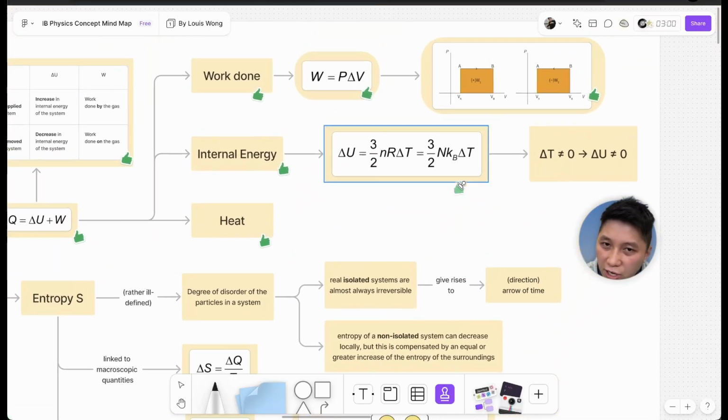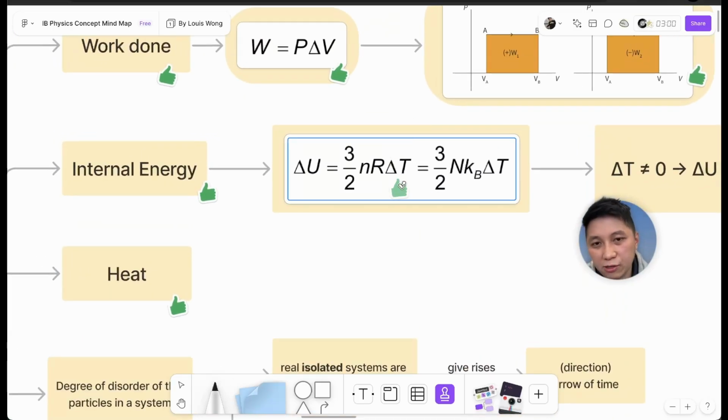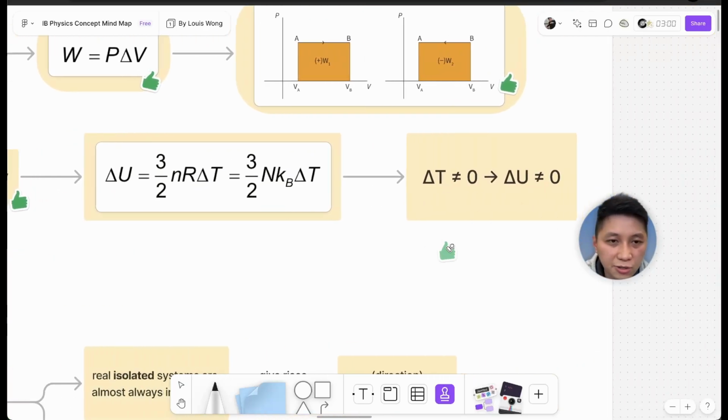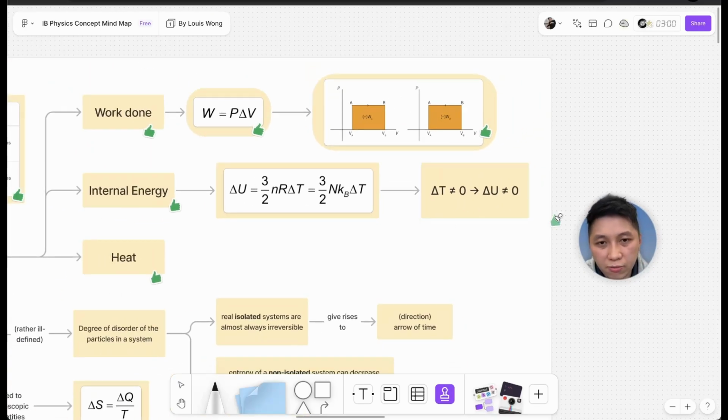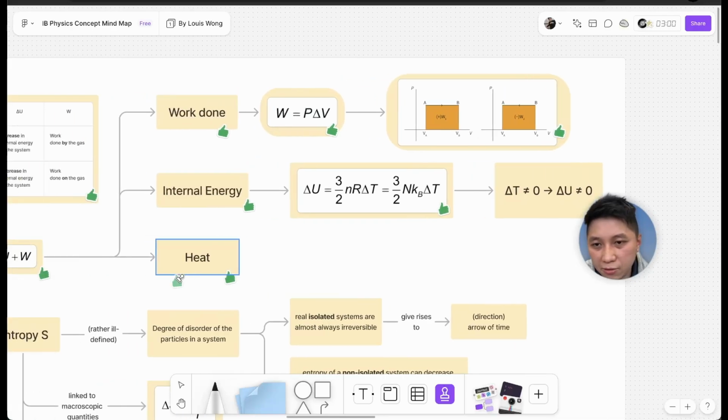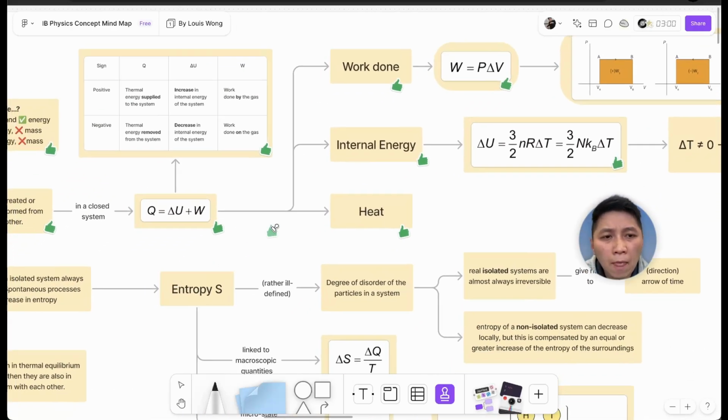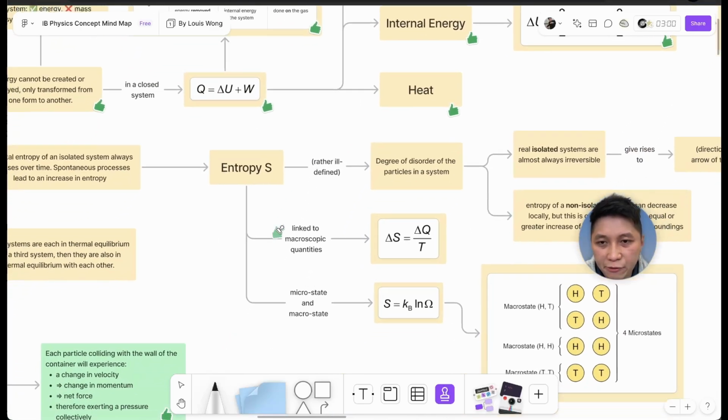And for the change, of course, you need to find before and after. So that's why there's a delta for delta U, and here is delta T, because other things are just constant. That means if there's a change of temperature, then there's a change of internal energy. If temperature change is not zero, then internal energy change is also not zero. As simple as that mathematically. And so again, what is left in this equation would be heat. And so you can evaluate with that.